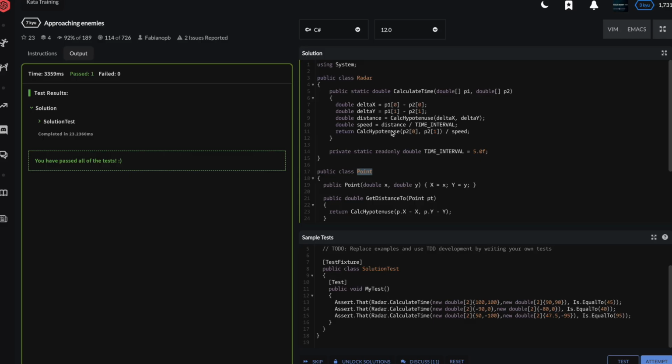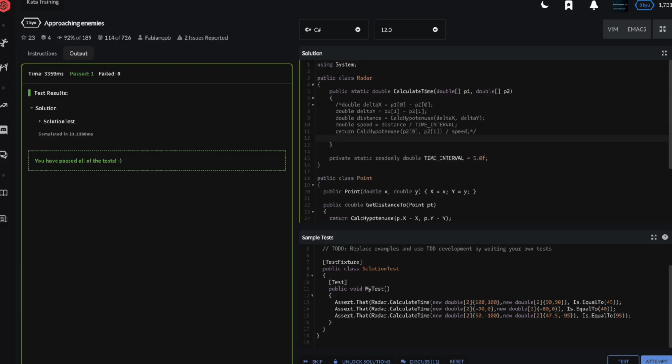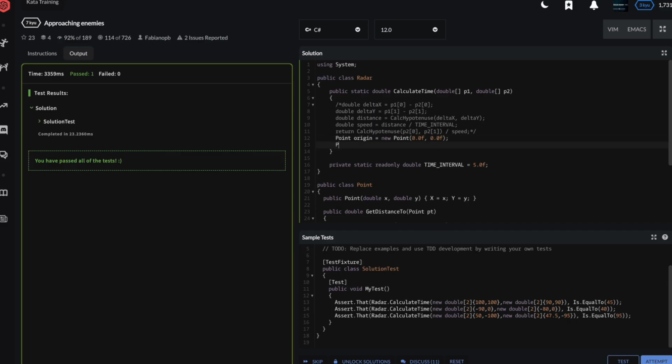So now that we have this, we can make our implementation a little better. We could take a more expressive approach, right? Let's start by making a point for our origin, or where our base is, if you want to name it something like that. This would be a new point with the values 0, 0. Now we're going to make points for each of the arguments that were passed in.